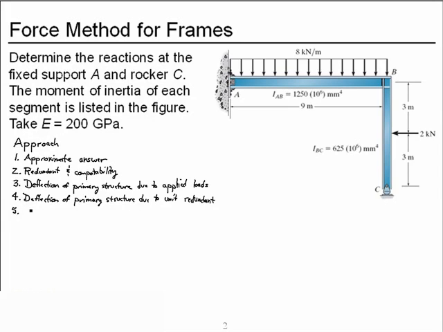We'll then put those into our equation of compatibility and find the redundant. With that, we can use our equations of equilibrium to find the remaining reactions.